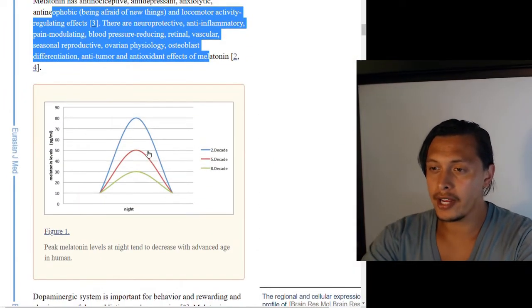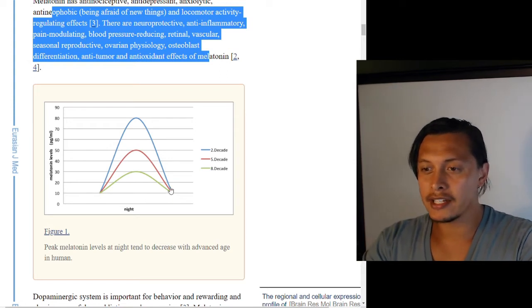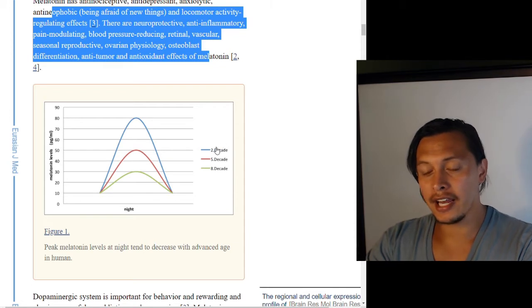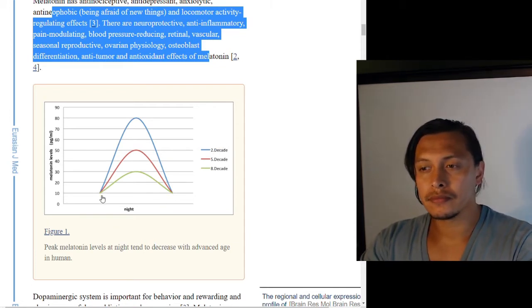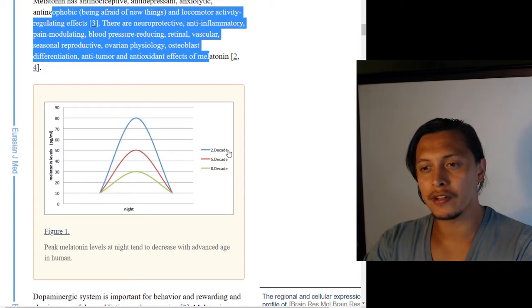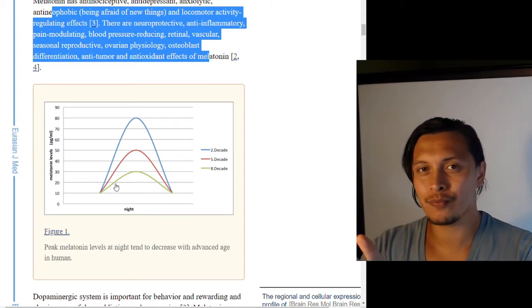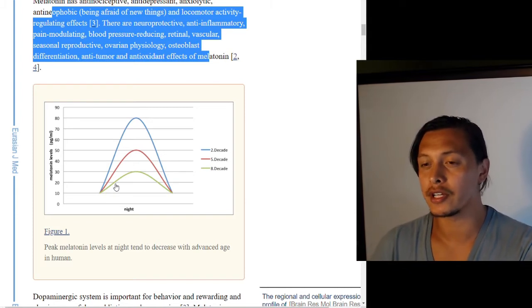So these are the peak melatonin levels at night, and they tend to decrease with age. So if you are in your 20s, sorry, I don't know if 2nd decade means between 10 and 20, or 20 to 30. Just know that this isn't the best review, I just thought it was a decent review to get the job done.